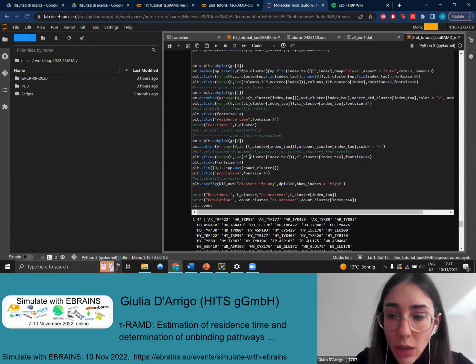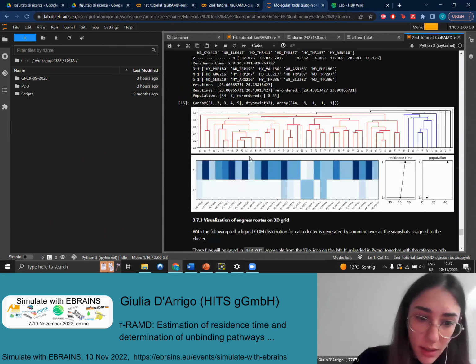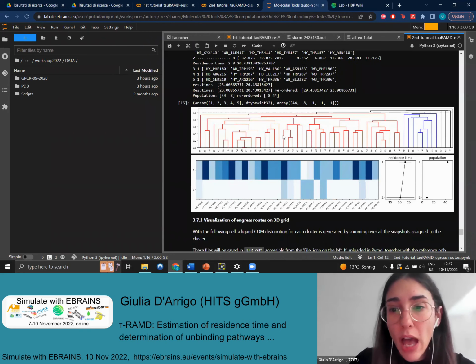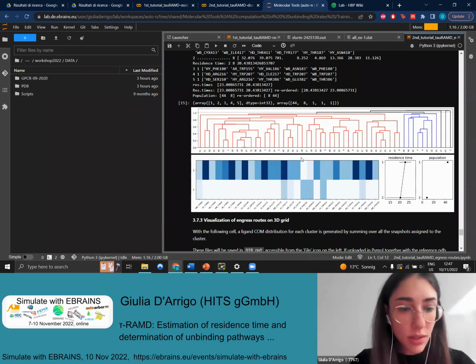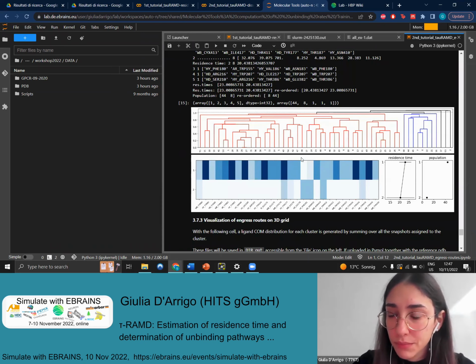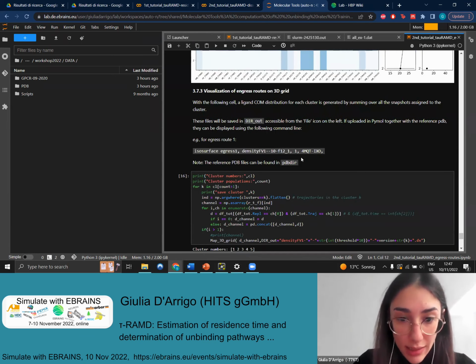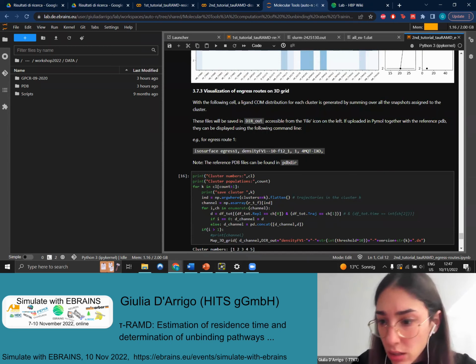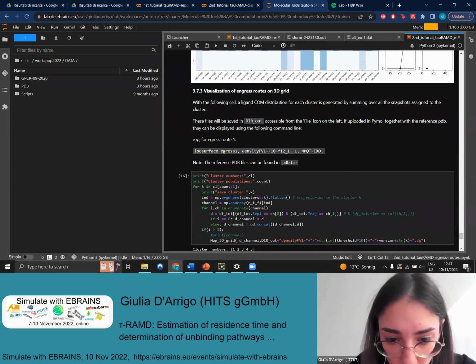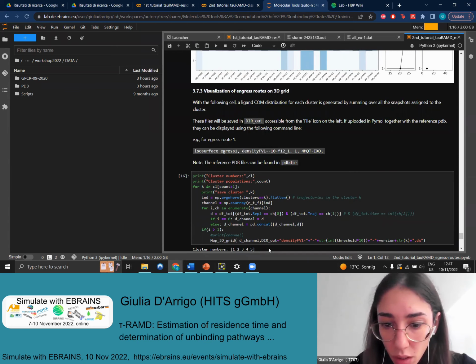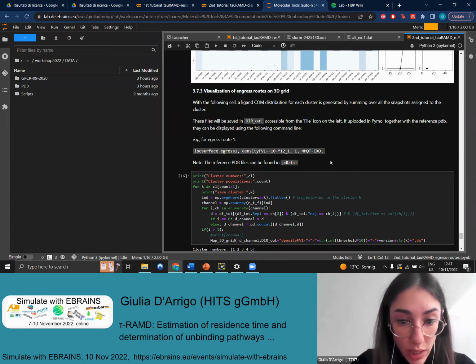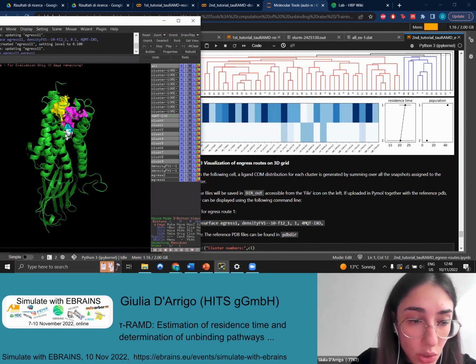In the end, the outcome that we get looks like this. We have 2 main egress routes, which is in agreement with what we have seen also in the clustering plot. And again, you have the possibility to visualize them. So I'll show them. Okay. So we have 2 egress routes, egress 1 and egress 2.